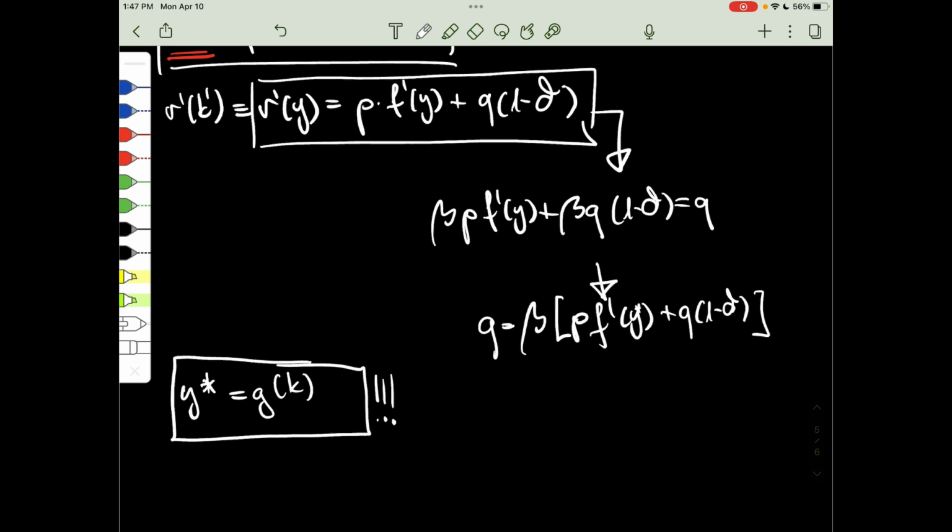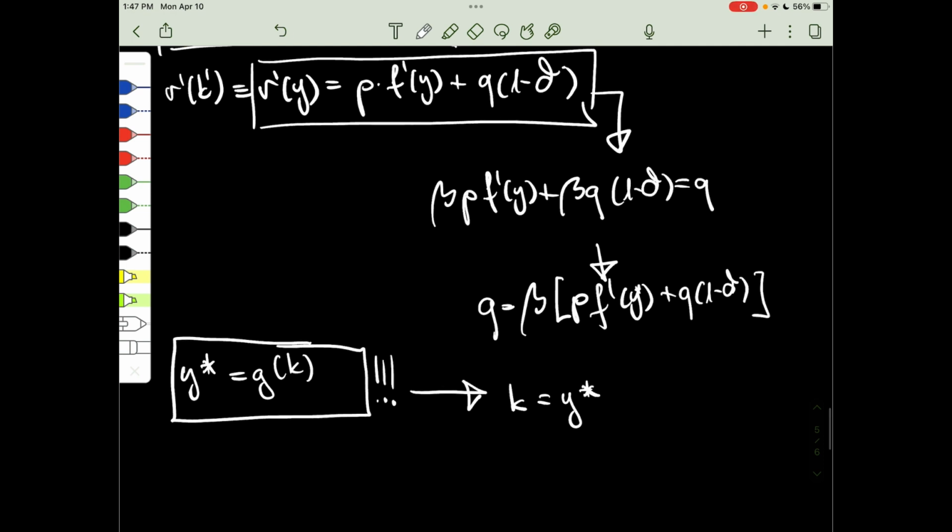So capital stock is going to be constant. So at any t, this is the optimum path for the capital stock.